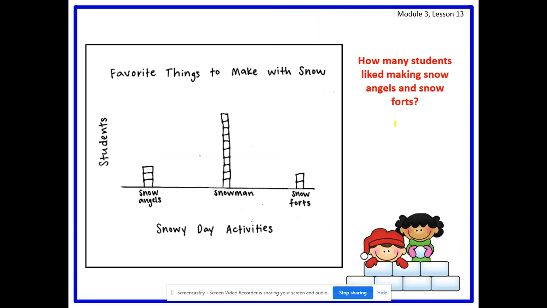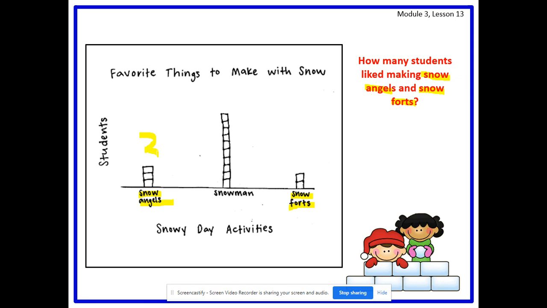Ready? How many students liked making snow angels and snow forts? So here we're talking about snow angels and snow forts. But here we're not comparing because we do not have a keyword of how many more or how many fewer. It just wants to know how many students like making both of these activities. So we're only looking at these 2 activities, and they want us to put it together to see how many students chose these 2 activities.